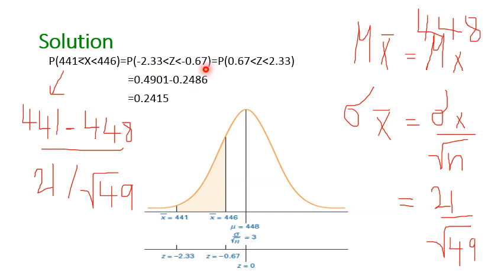Okay, so we know that the area on the left side of the curve is the same as the area on the right side of the curve, because the curve is symmetric. Okay, so let's graph this.